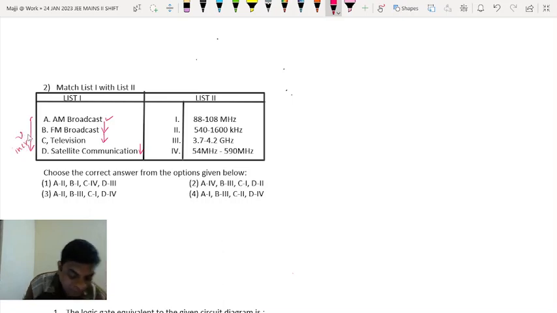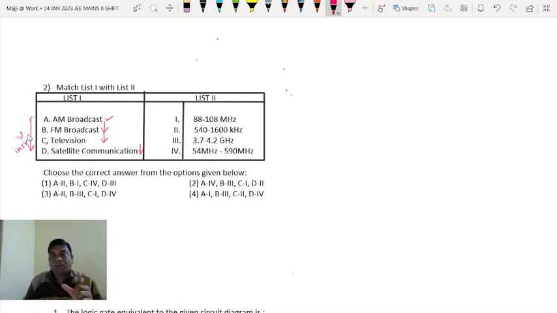So if you can arrange them, you get the answer simply. More the frequency, more will be the information carrying capacity as a rule.